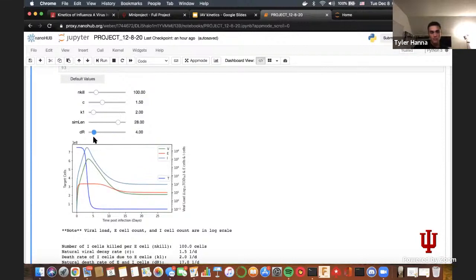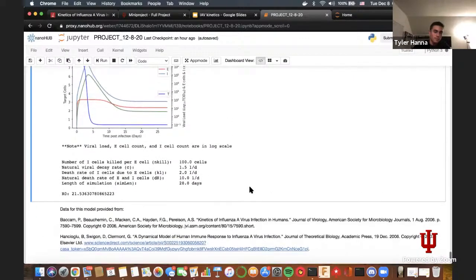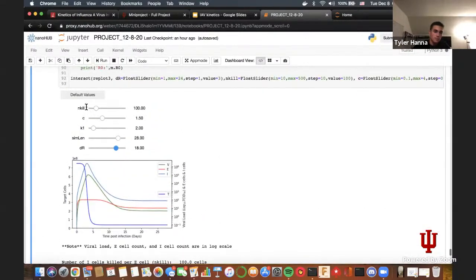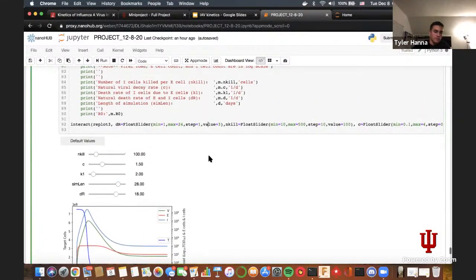And by decreasing the death rate, notice it has little effect on the initial proliferation of virus and infected cells, but it mostly affects the ending steady state values of both of these. And that's about as far as the notebook goes.